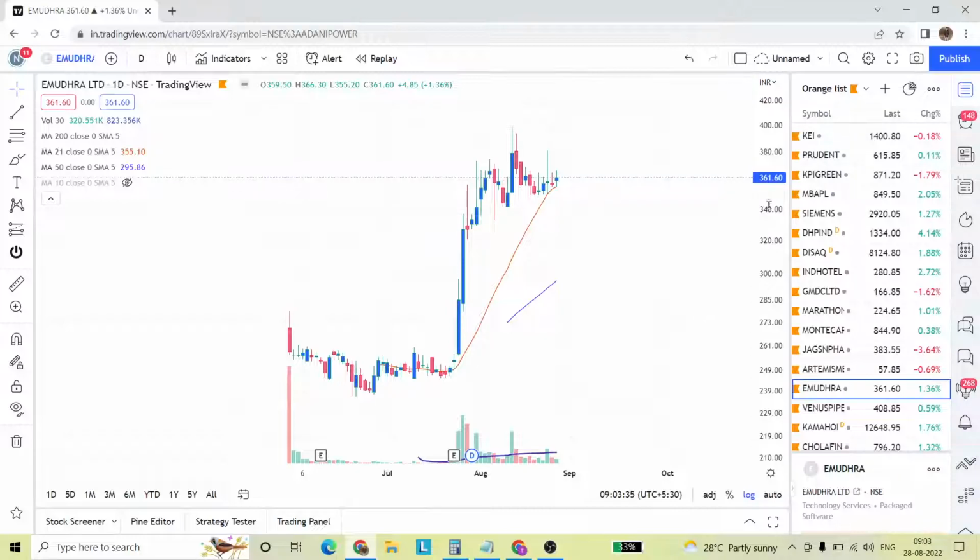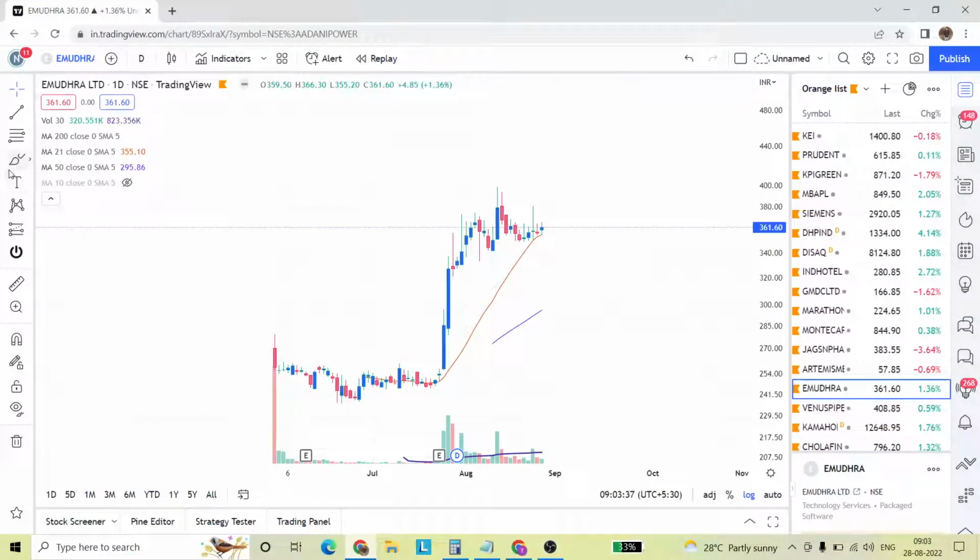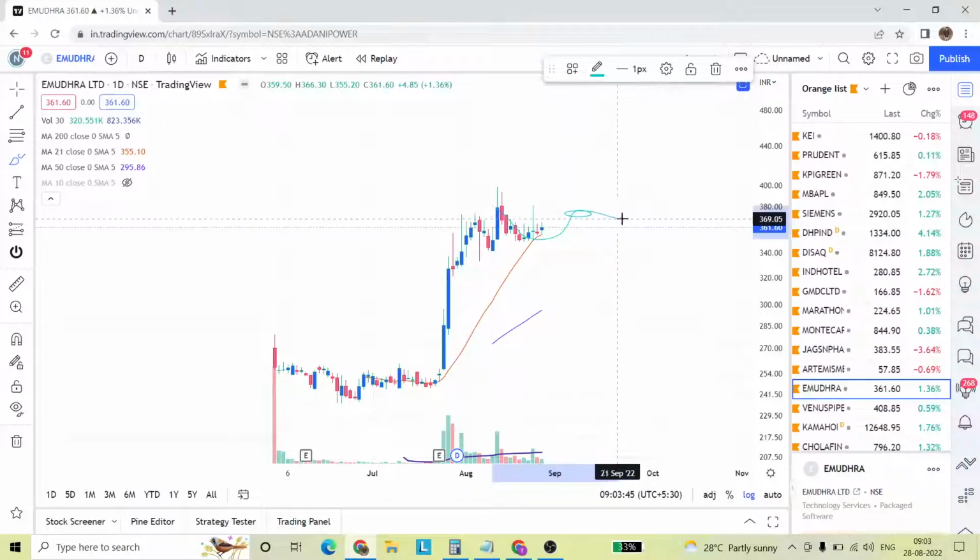Still there is no pattern as such, but I have kept it. What I'm looking for is if it does something like this, and it tightens at this zone with very low volumes, and then if it breaks out, that is what I'll be looking at.